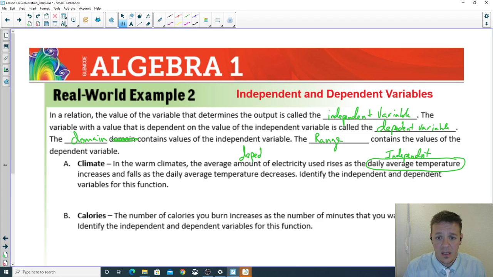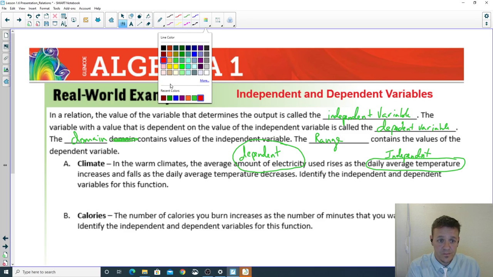Every year, I struggle spelling dependent for some reason. The amount of electricity is the dependent variable, right? Because if the temperature goes up outside, just like here in Arizona, we crank our ACs up, and then our electricity goes up. All right, next one here, the amount of calories you burn increases as the number of minutes that you walk increases. Which one's the independent?